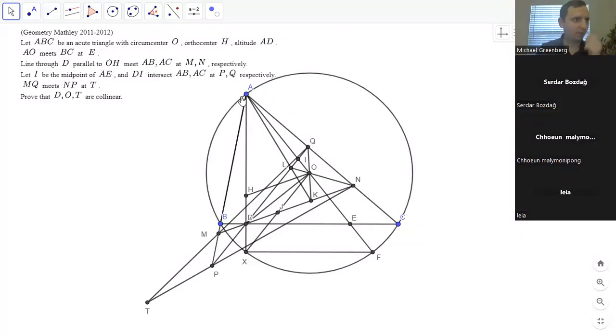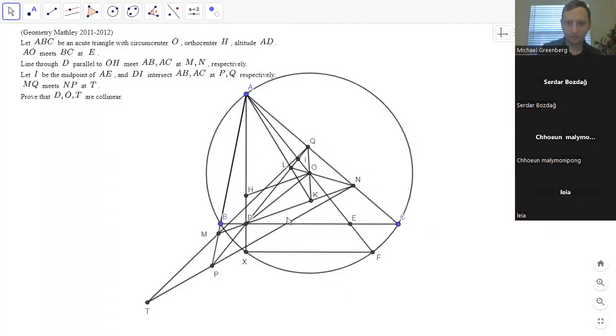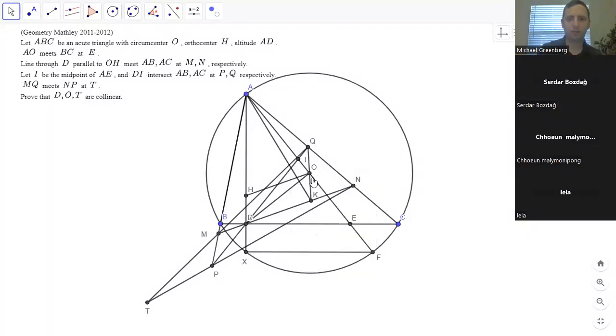So yeah, we solved, I think, 4 problems. And this is one that we didn't solve yet. Let me get rid of everything I added. I don't think there was a point F, but I'll just leave F there. Do I need L? No, that was something I added.